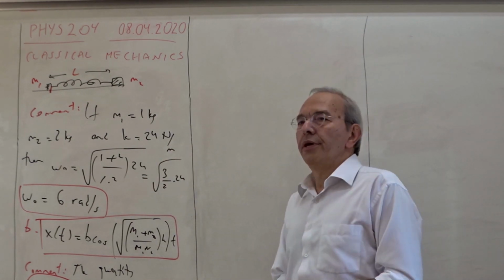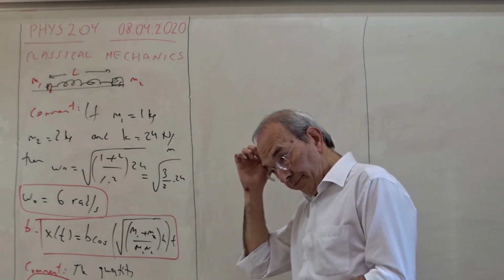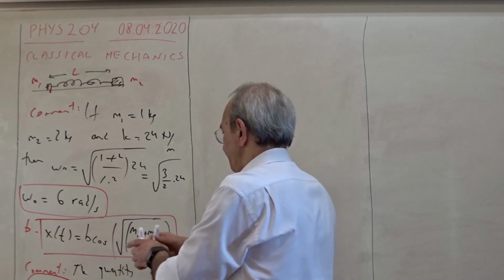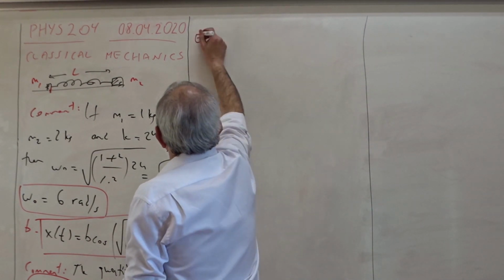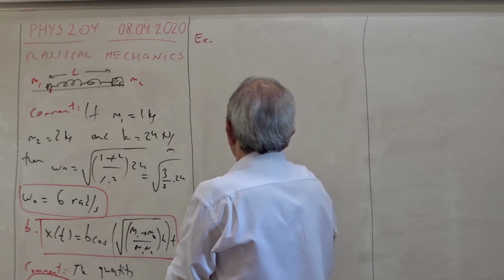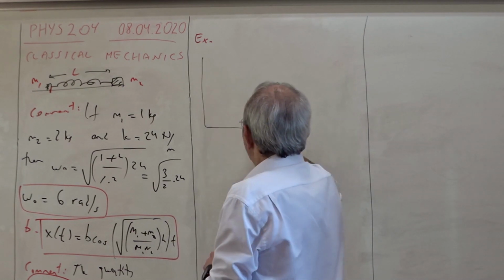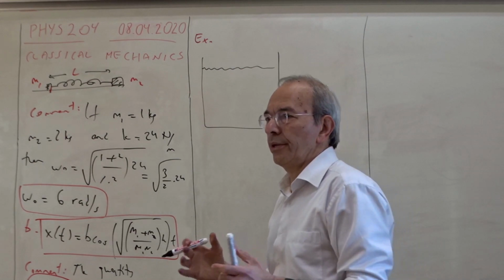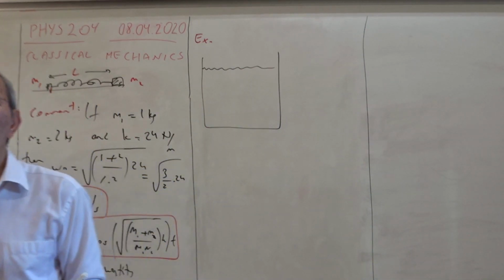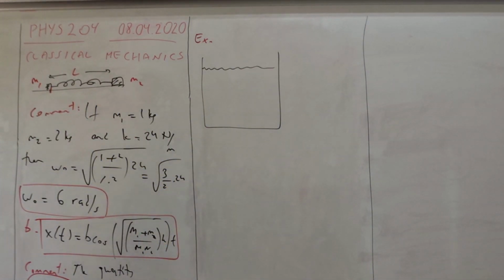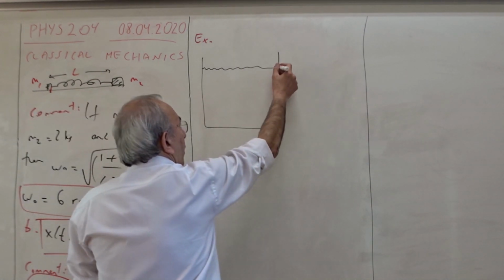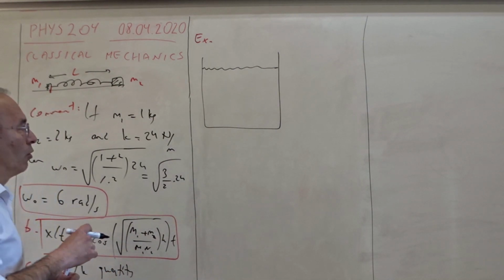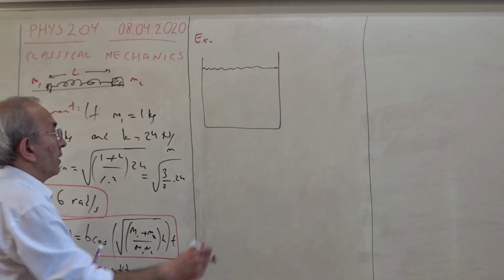Let's have another example from damped motion. This time we have a tank full of some liquid, maybe water, maybe oil, maybe some other fluid, or some dense gas maybe.